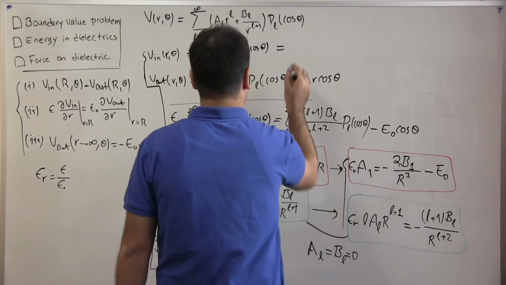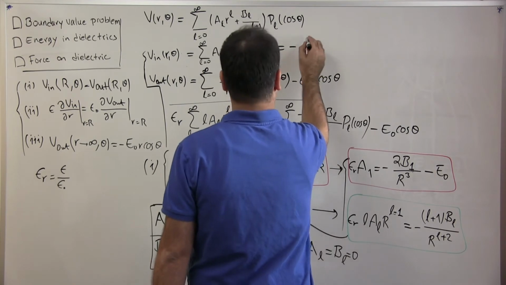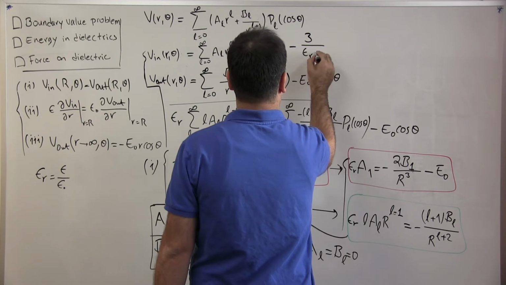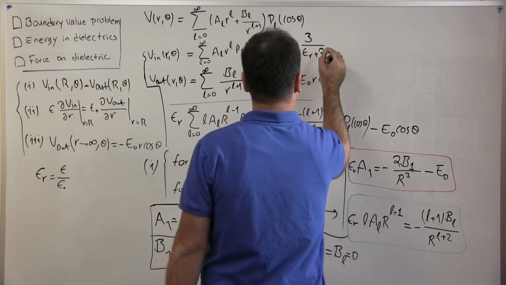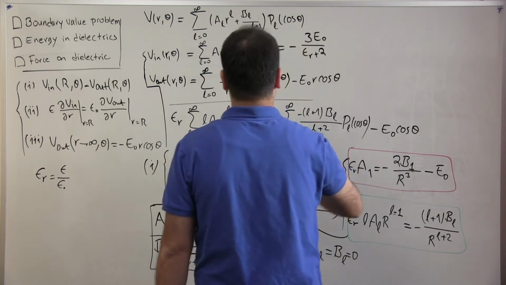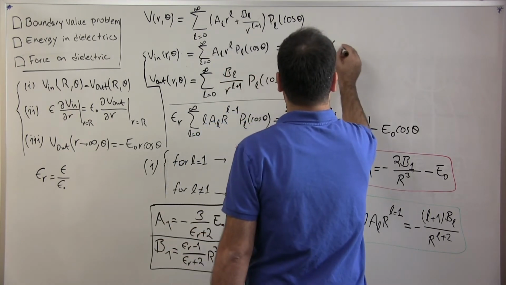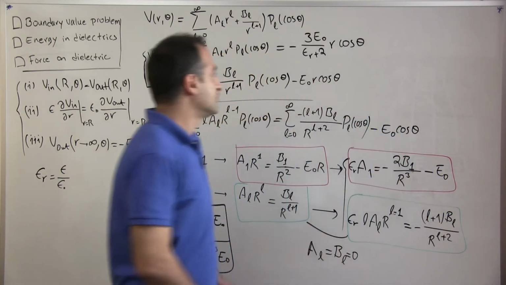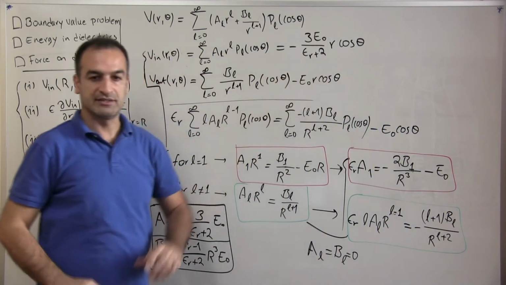And that is negative 3 by epsilon r plus 2 times E naught times r cosine theta. So this is the potential inside.